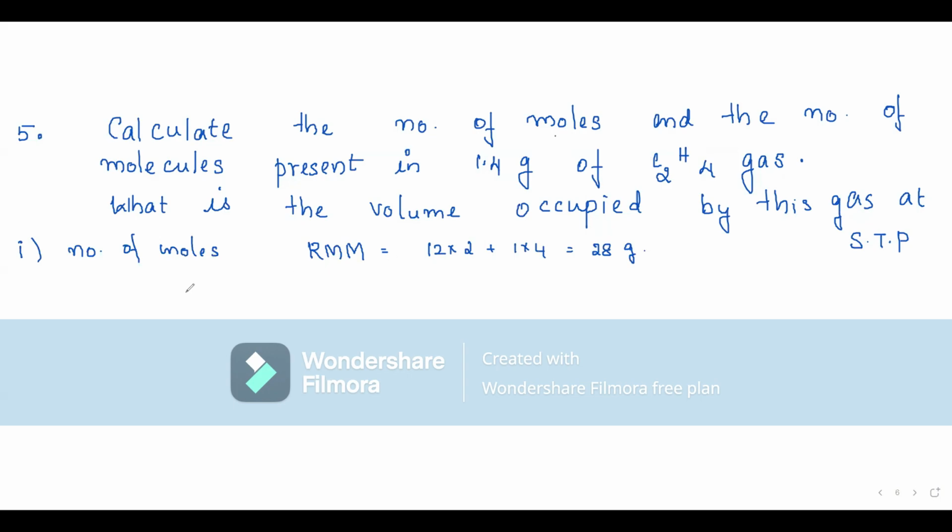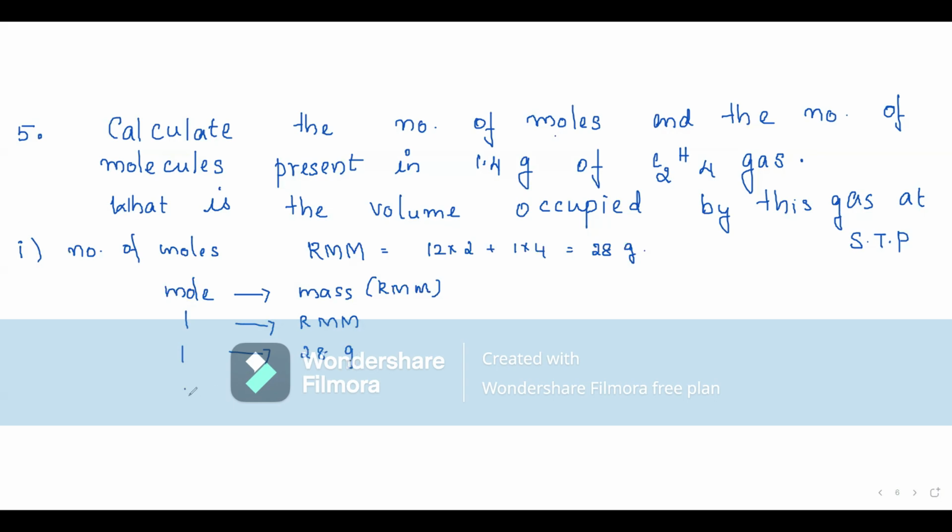Mole with the mass. So, the first relation is connecting mole to mass. Mass is to be written in RMM. So, 1 mole is 1 RMM. Okay, so 1 mole is 28 gram.